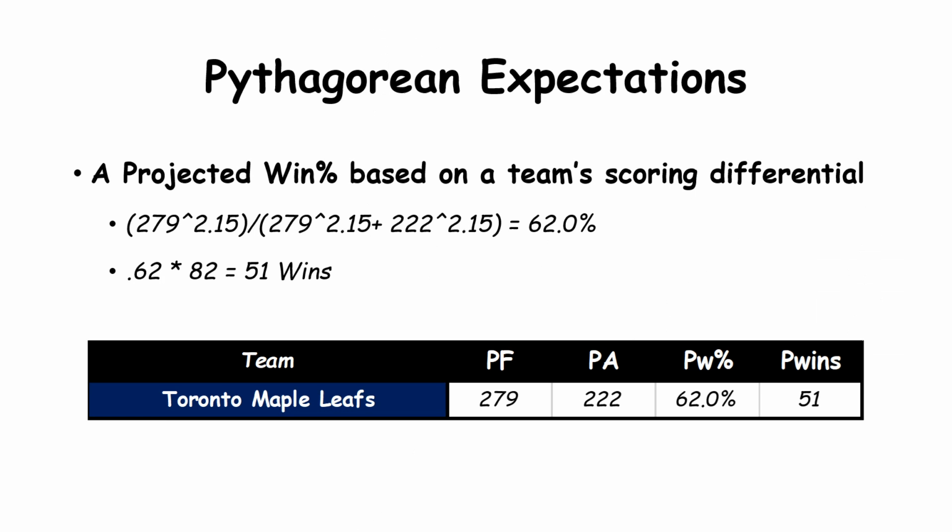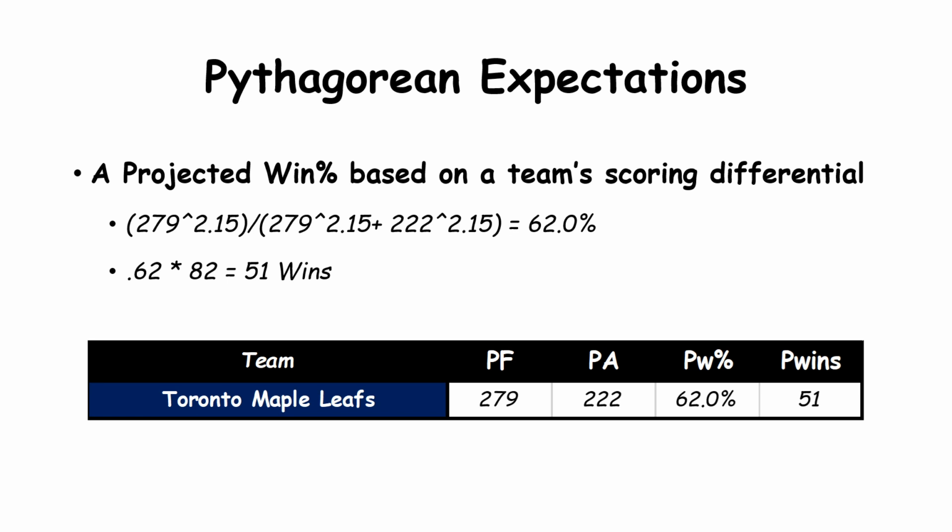So here's mostly a demonstration of the Pythagorean expectation. Here you're going to see a projected win percentage based on the team scoring differential, which would be the Toronto Maple Leafs from this year. They had 279 goals scored and 222 goals against.